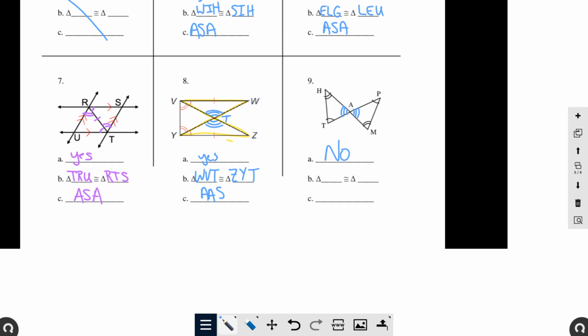Now, tomorrow, what we are going to do in class is go over a few questions on the homework, just a few, and then we are going to play a game of Kahoot, and then we're going to take a quiz. So you should have some time in class tomorrow to also work on these puzzles and worksheets as well. Okay? Now, make sure if it says write the congruent statement, that's something like that with all the letters.